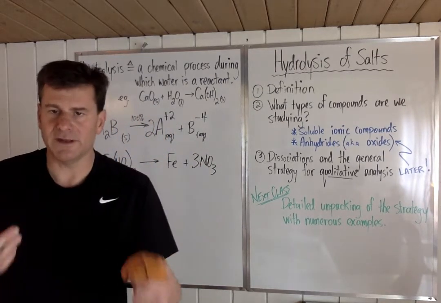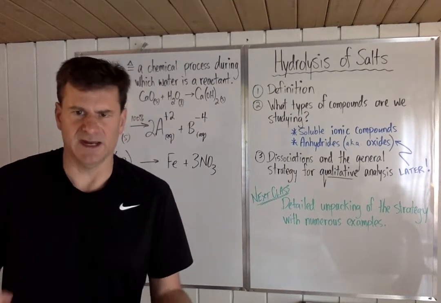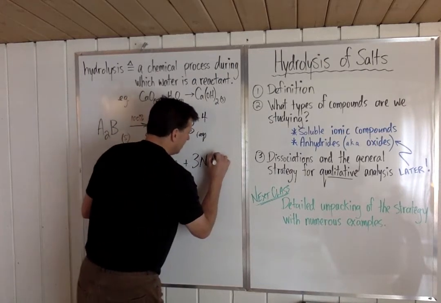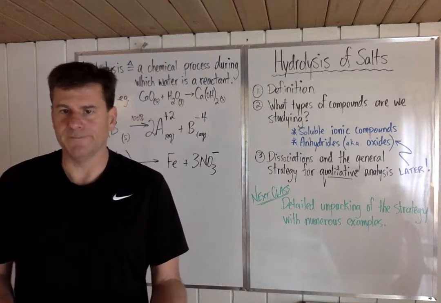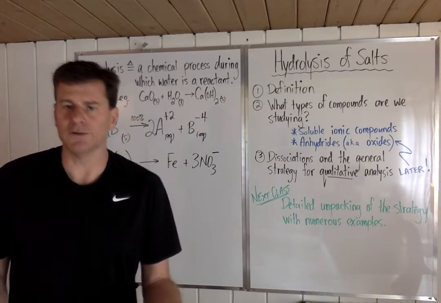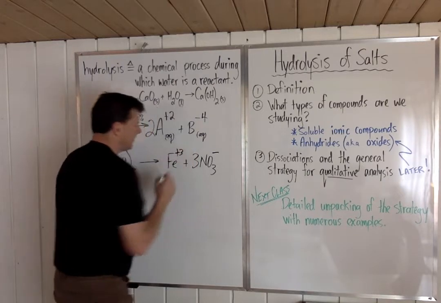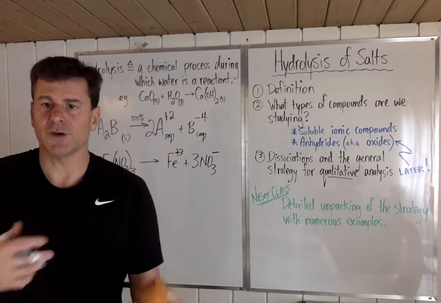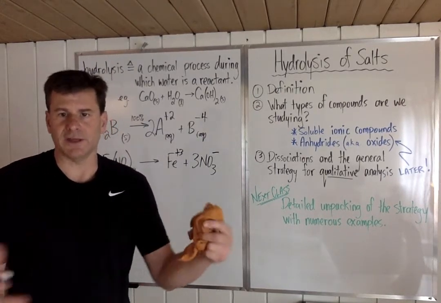But I know that nitrate as a polyatomic ion, because it's on the chart, and I've seen it so often that I just know that its charge is -1. So because I've got 3 of those, I know the iron must be +3.